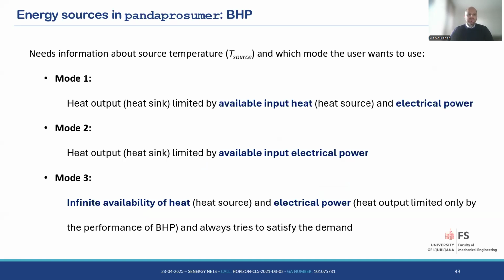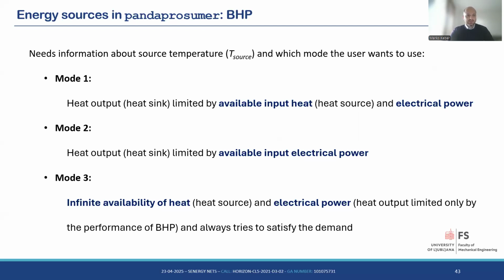The booster heat pump needs to understand what the source temperature is, and this source temperature can come from different sources. It can be external air temperature. It can also be the temperature of the recovered energy or recovered heat from the CHP, for example, if the heat pump and the CHP are linked.